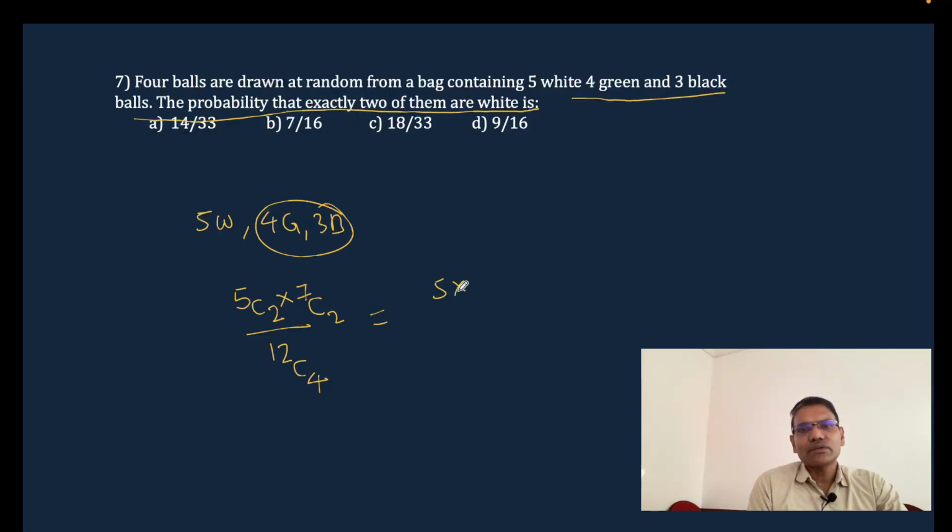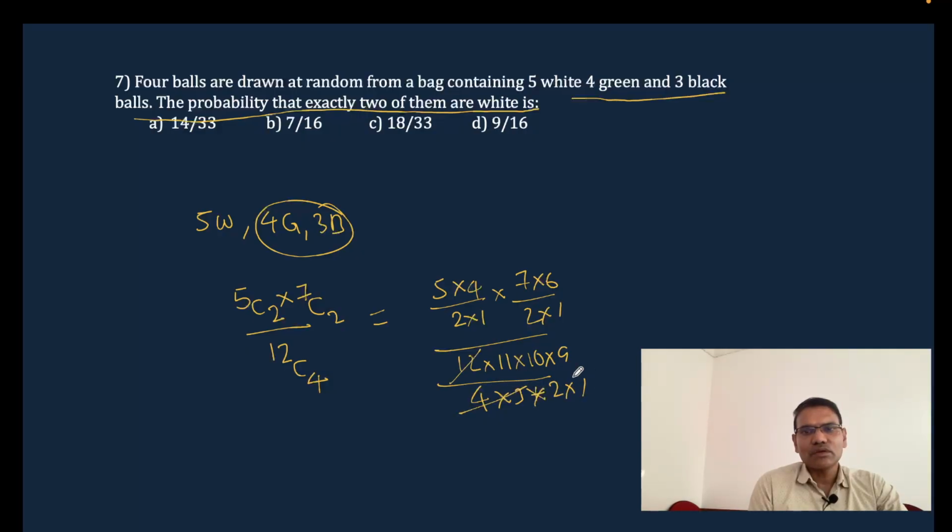Now 5 into 4 divided by 2 into 1, 7 into 6 divided by 2 into 1. Now here 12, 11, 10, 9 divided by 4, 3, 2, 1. So 4 into 3, 12 will cancel, 2 and 5 times.